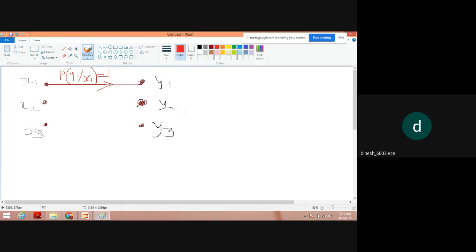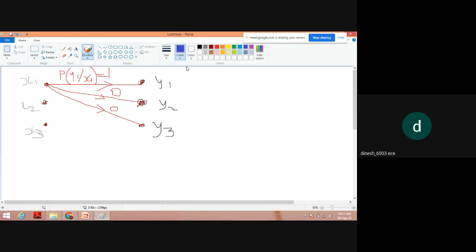So then y2 over x1, let me draw it here, y2 over x1 is 0. It is not present. And y3 over x1, this is also 0. Stage by stage I am drawing, so keep in mind. So this is for x1.